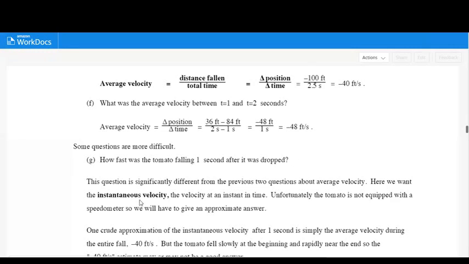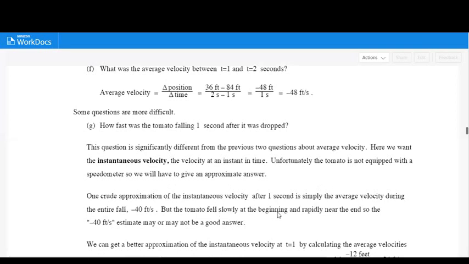So one crude estimate of the instantaneous velocity after 1 second is simply the average velocity during the entire fall. So the entire fall, dito nakuha natin is the negative 40 feet per second. But the tomato fell slowly at the beginning and rapidly near the end. So negative 40 feet per second estimate may or may not be a good answer.